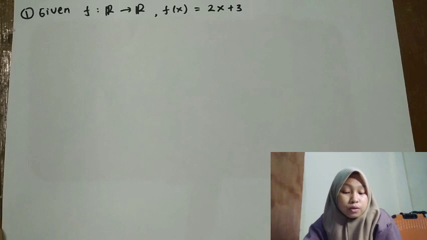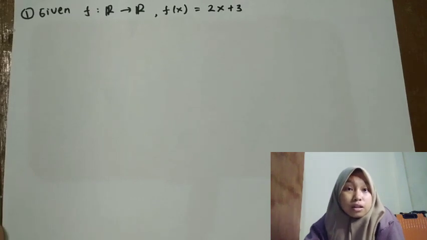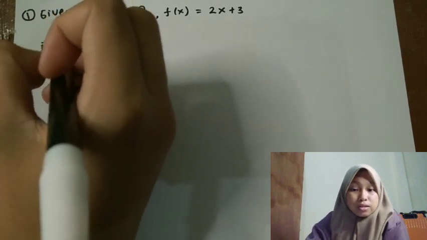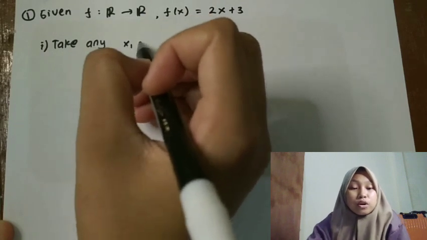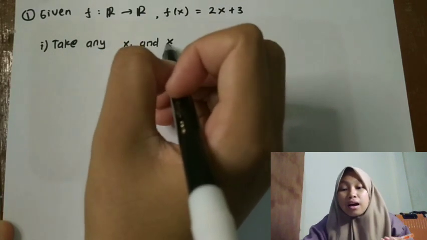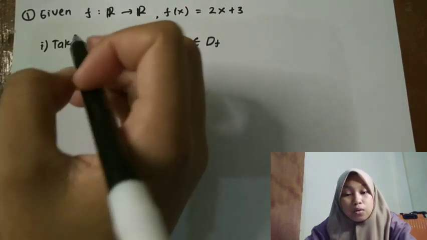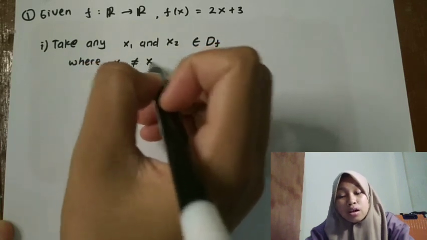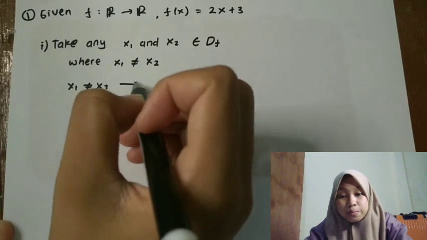Okay, next I will prove the function with algebra. First, given f from real numbers to real numbers with f(x) = 2x + 3. To prove whether this function is injective, surjective, or bijective, first take any x1 and x2 elements of Df, the domain of f(x), where x1 is not equal to x2.